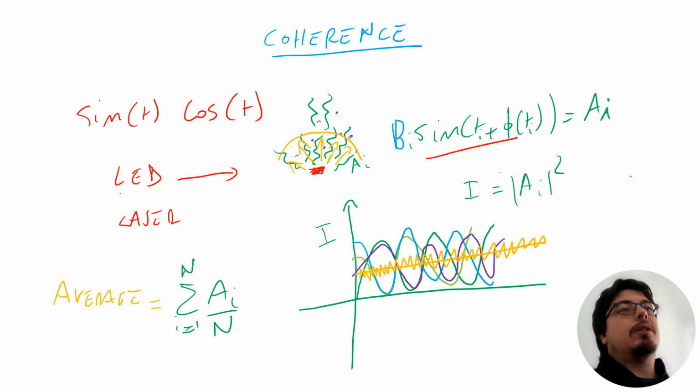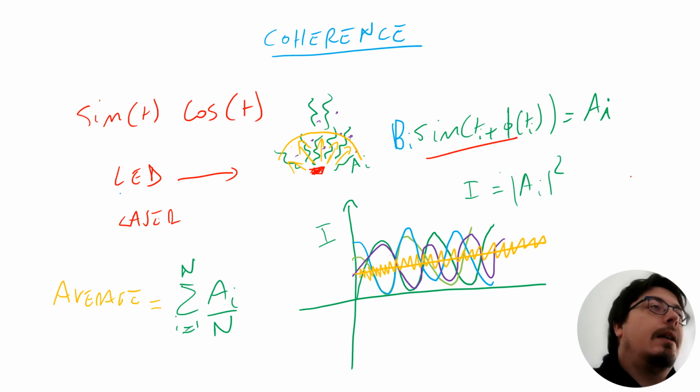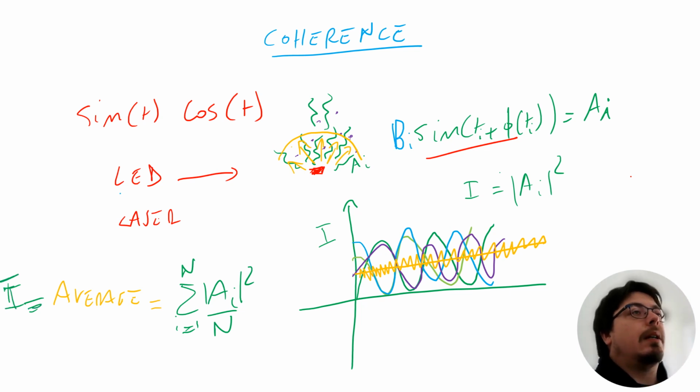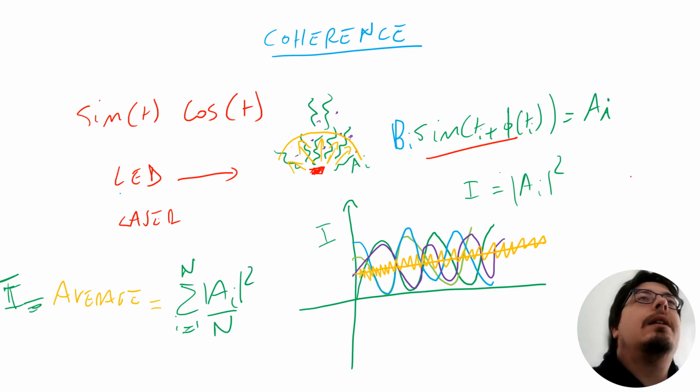It's literally the average of this value, and actually the modulus square of it. And this is the average intensity, okay? Which we'll call I bar, which is a symbol that says average intensity. And the fact that there is no preferential direction is essentially because this randomization of the phases is also true for the space, the angular distribution.